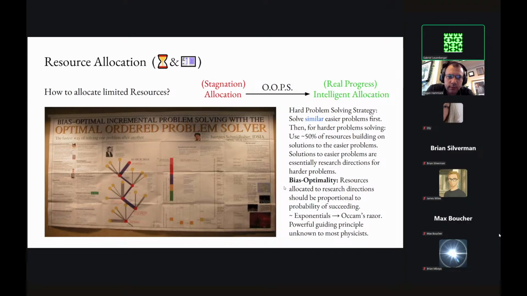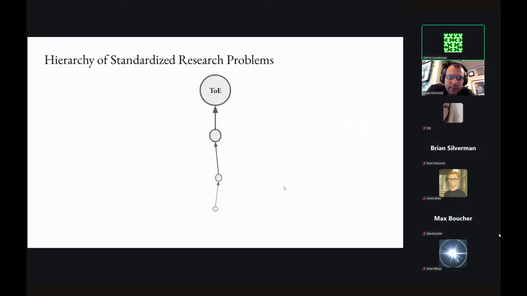And to obtain these probabilities, you're supposed to use the formula that you saw earlier, which is 2 to the power of the model complexity, essentially. So yeah, you can use this. If you combine these, then you get a really powerful problem-solving strategy. And most physicists actually don't know this at all. So I will talk about how this could be fixed.